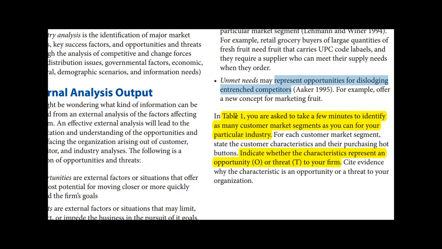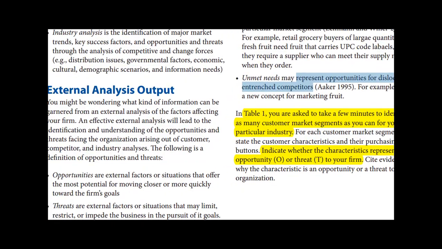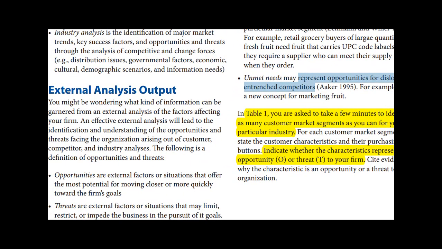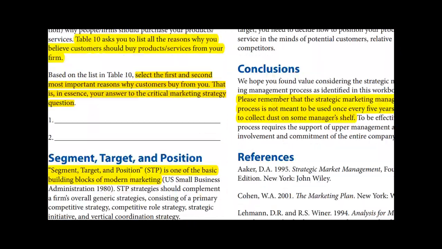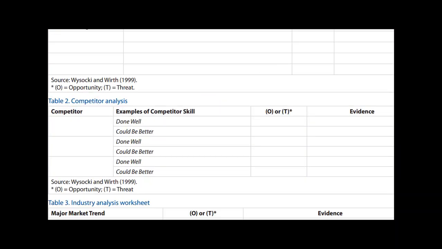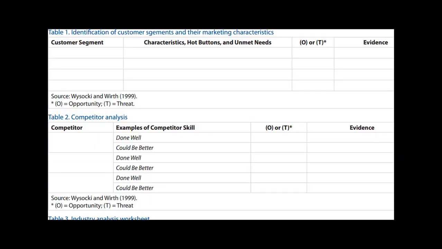Table one is developed to identify the opportunities and threats for the firm at the end of this reading. So first, let's have a look at this table one, and then we will move on to how it's done. Table one is the identification of customer segments and their marketing characteristics.